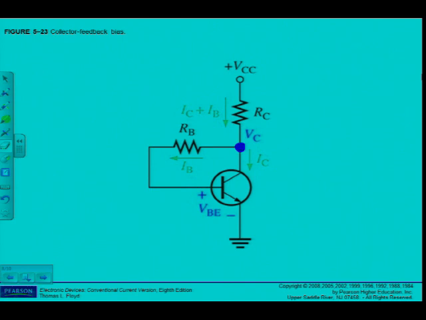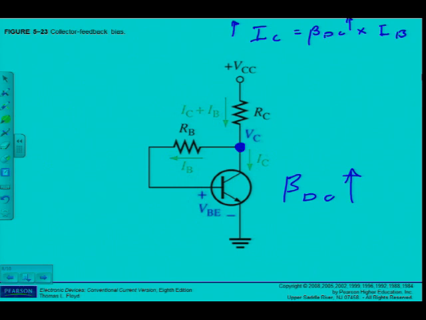So say for instance, beta DC increases because of temperature in this specific circuit. What do I know? IC is equal to beta DC times IB. Now you've seen that beta DC increases. What's going to happen to IC? IC is also going to increase.